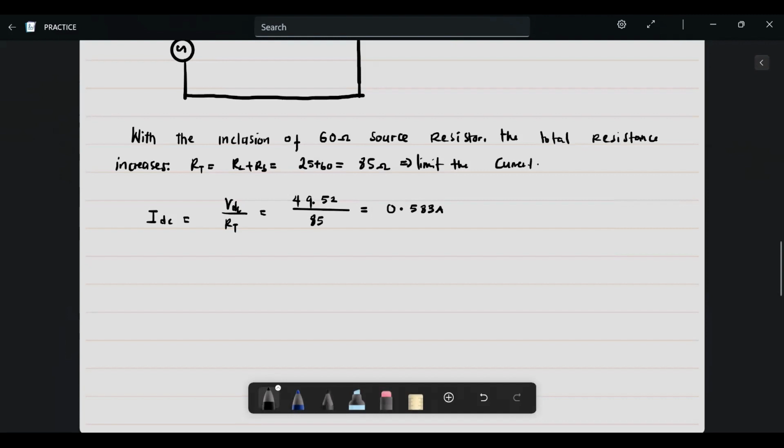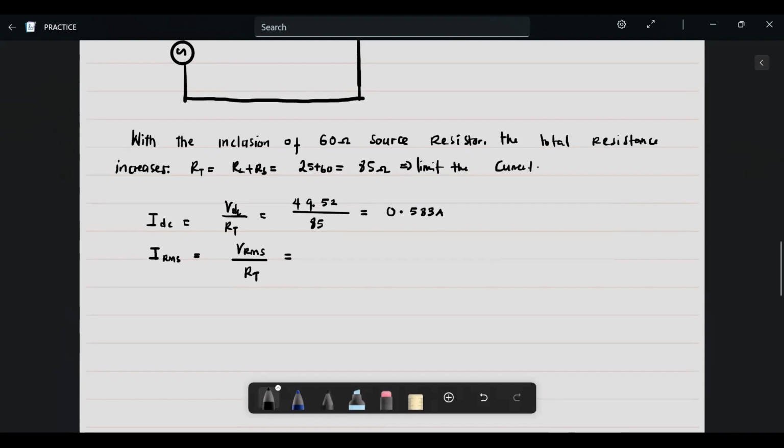Okay, similarly, let's look at the IRMS current, right? So what will be the IRMS current? The RMS voltage is the same. So IRMS will be equal to VRMS divided by the R total. So even the IRMS current is going to reduce.